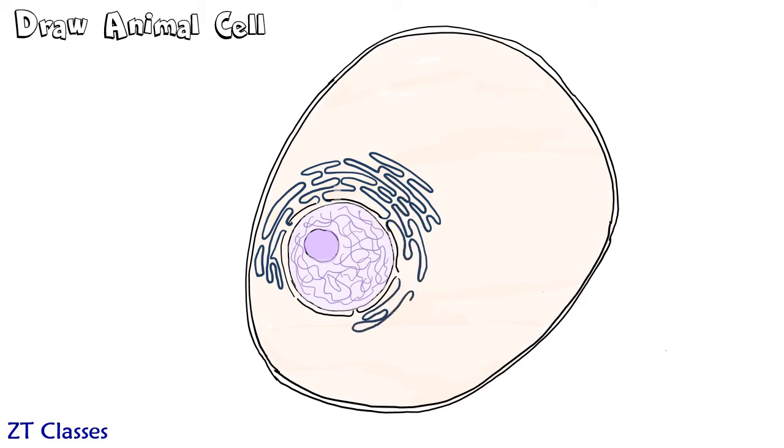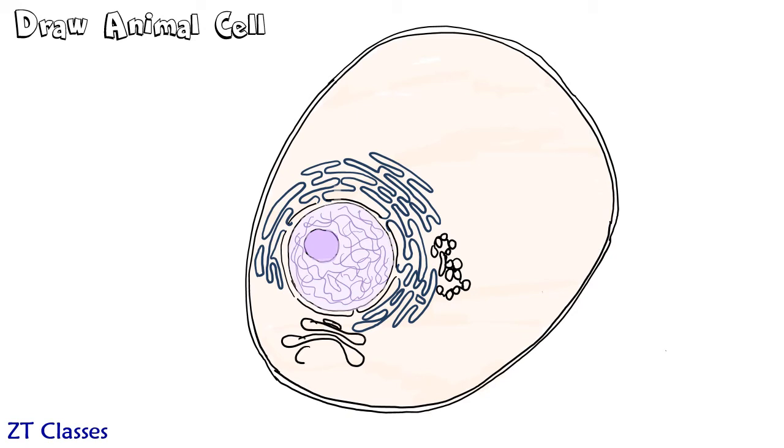This is also called the highway of the cell. The folded membrane with no ribosomes, in tube-like structures, is the smooth endoplasmic reticulum, or SER.